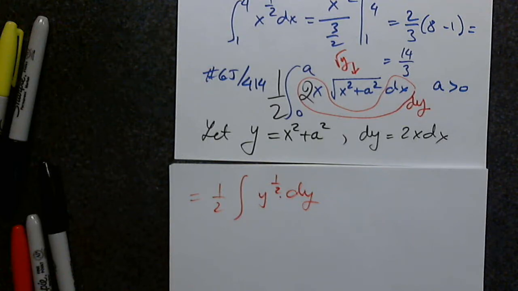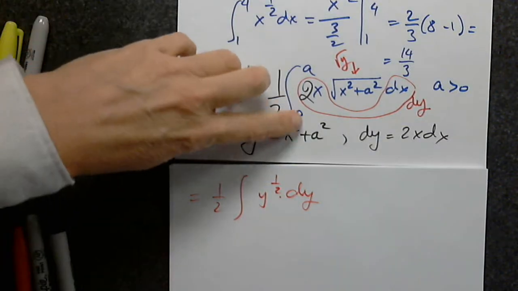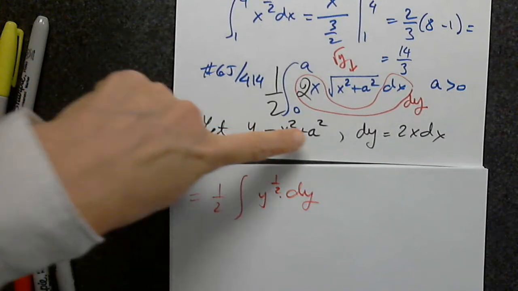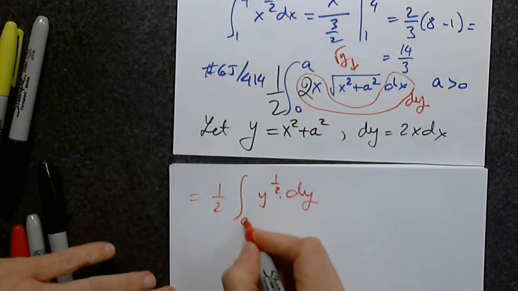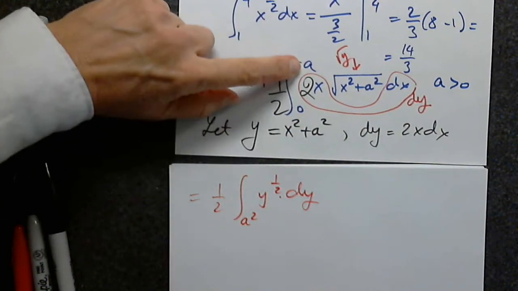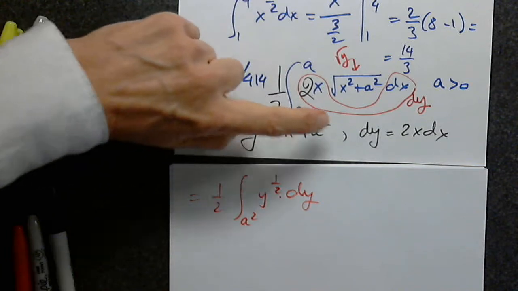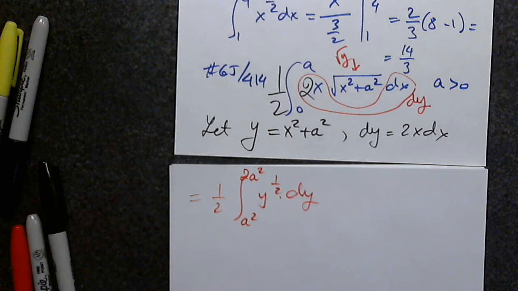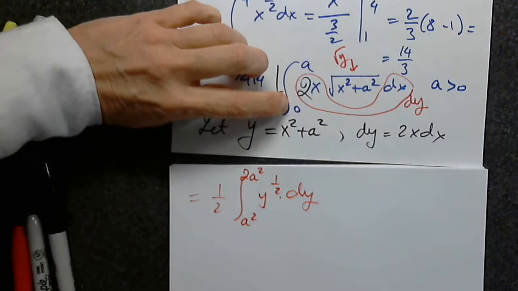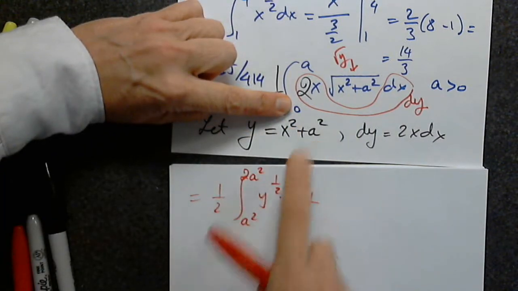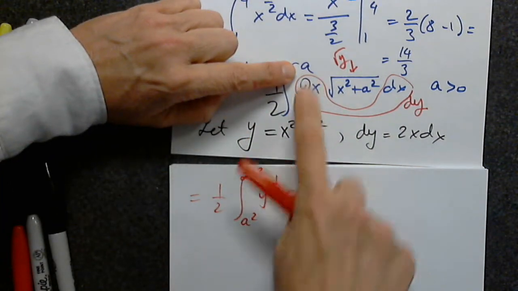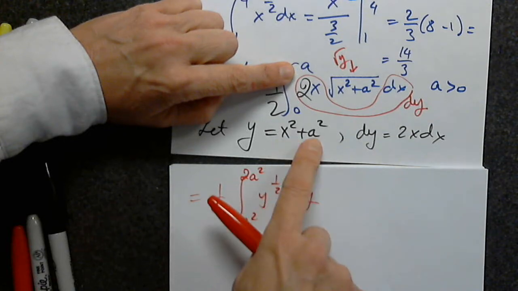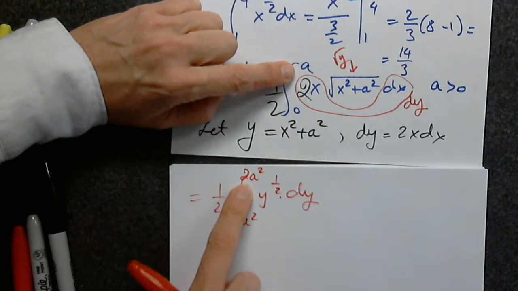So when x is 0, y is a squared. When x is a, a squared plus a squared is 2a squared. Could you explain that part again? When x is 0, y is a squared. When x is a, I have a squared plus a squared, which is 2a squared.